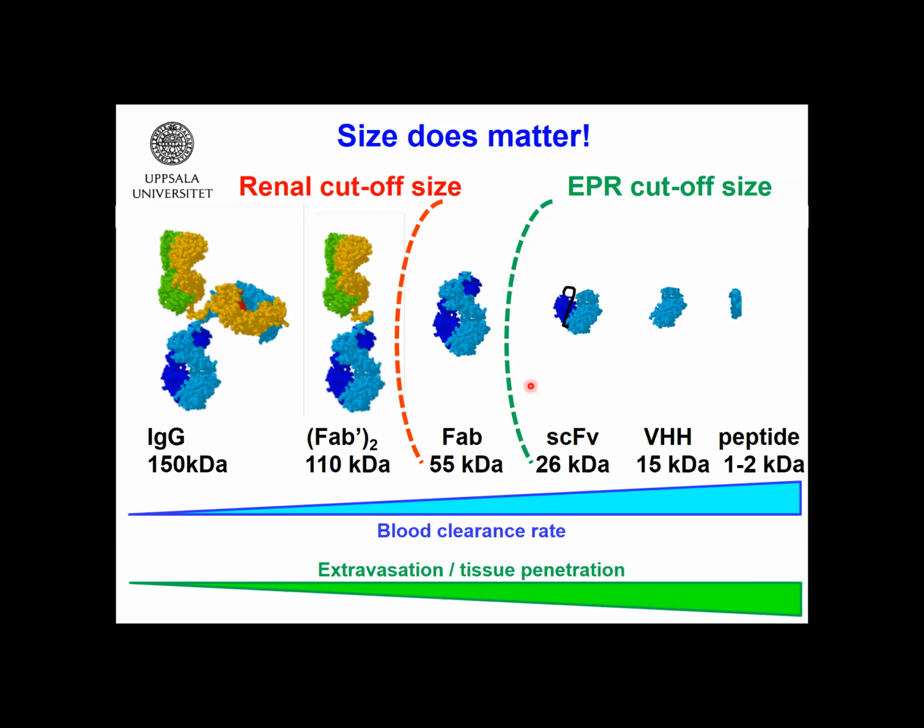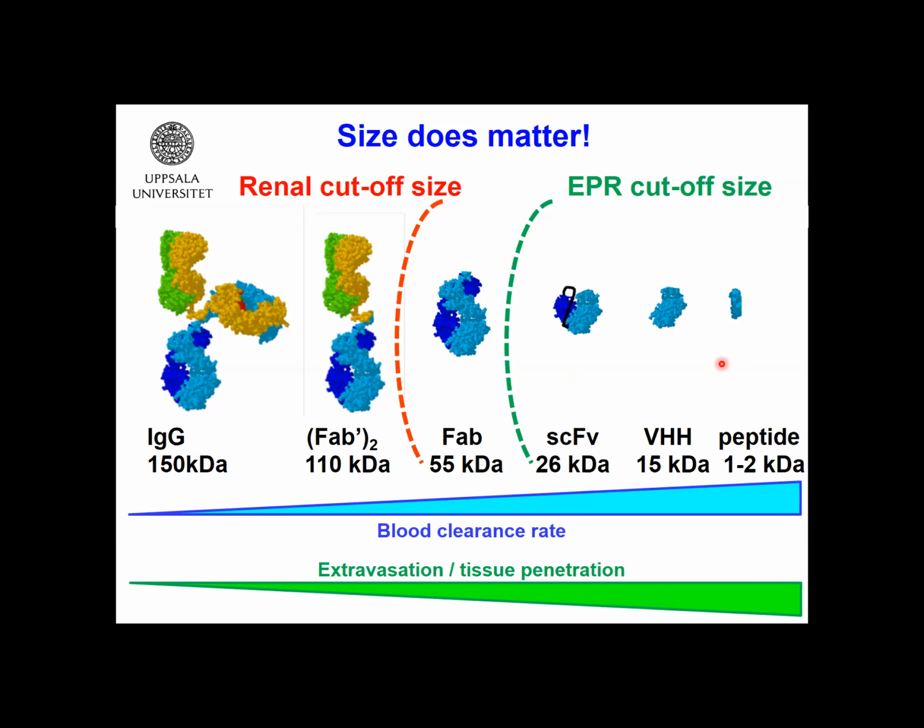So the target binding domain is even smaller, just 15 to 18 kilodalton, and it demonstrates quite impressive imaging, and it's specific because the border for EPR and specific accumulation is around 45 kilodaltons.